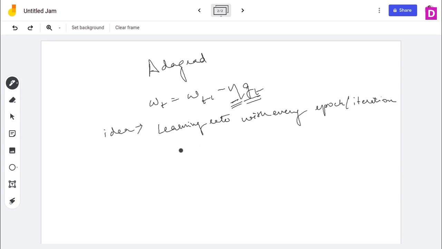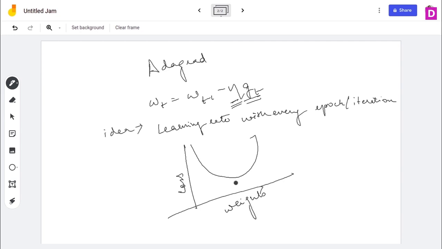So what that means is, let us first look into this graph. This is a graph of loss versus weights. Let's suppose we calculated and our loss is somewhere here.